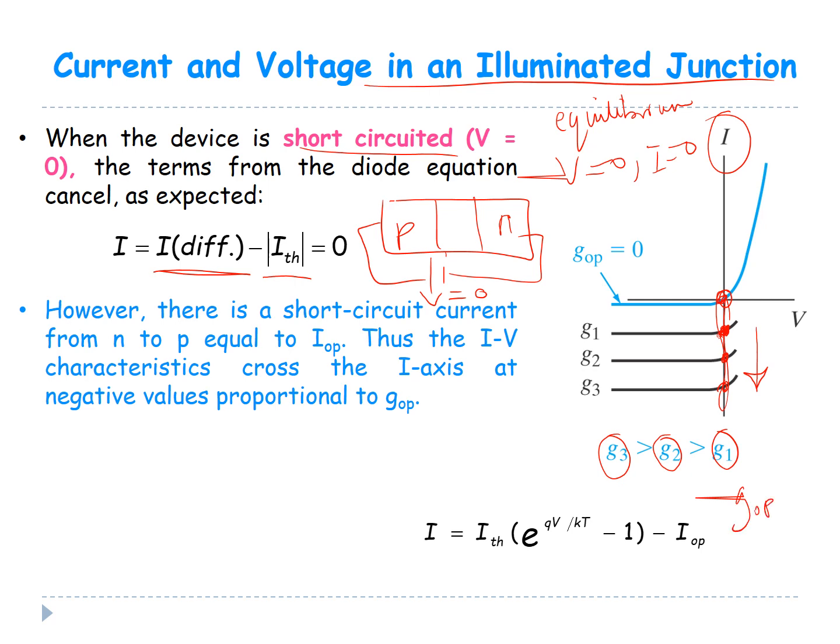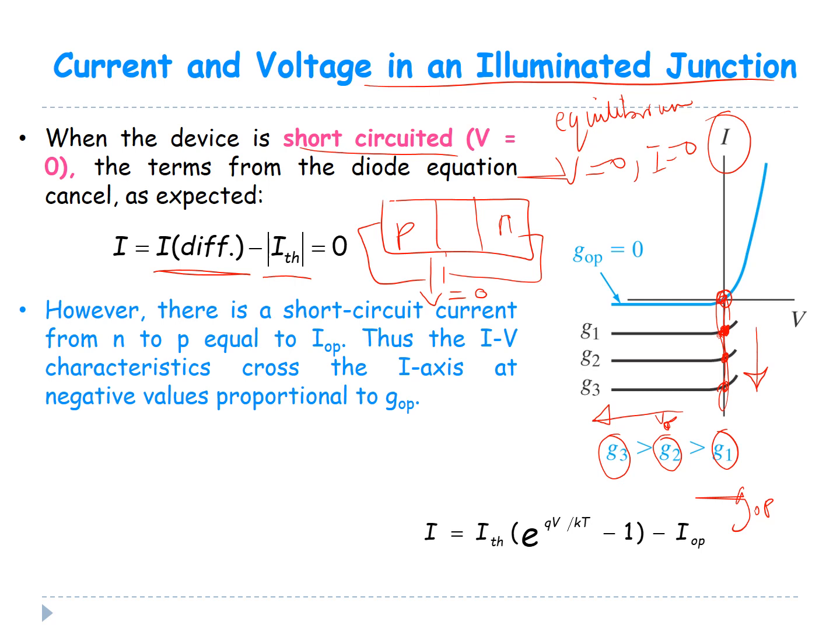So if you've got a higher optical generation, then the negative current is also larger, according to the size of the optical generation. And as usual, if you increase your reverse bias, the generation current is insensitive to the size of the applied negative bias.